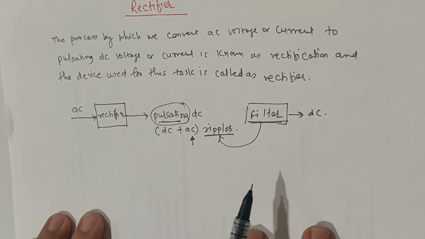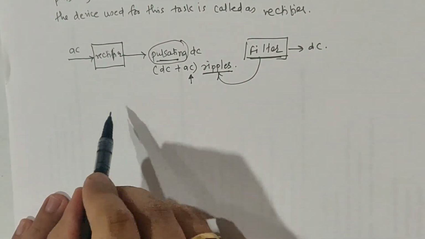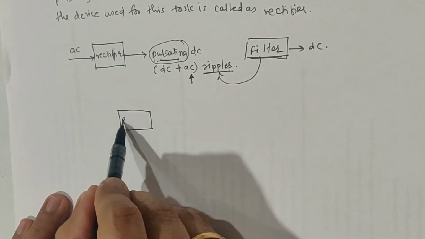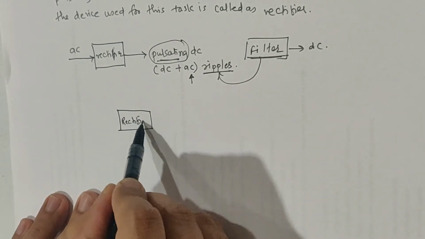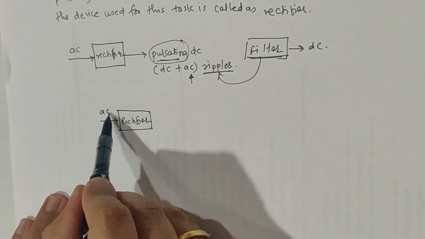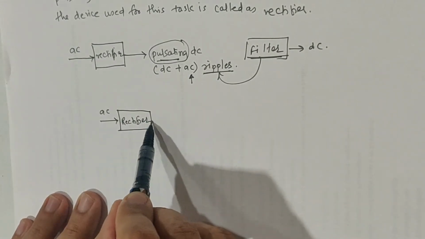So if I want to see the entire process, I can draw a block diagram like this. This will be your rectifier, and the supply that you will be applying to it as an input is AC.